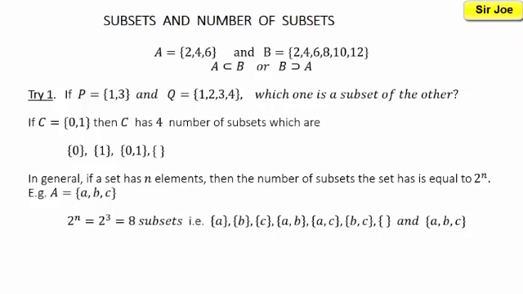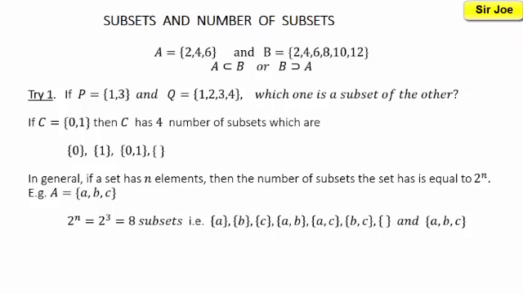So we are supposed to list all these 8 subsets. When it comes to listing the subsets, you take a set of 1s, a set of 2s, up to a set of the number of elements the set contains. Here our set contains 3 elements. So a set of 1s will be {A}, {B}, {C}.